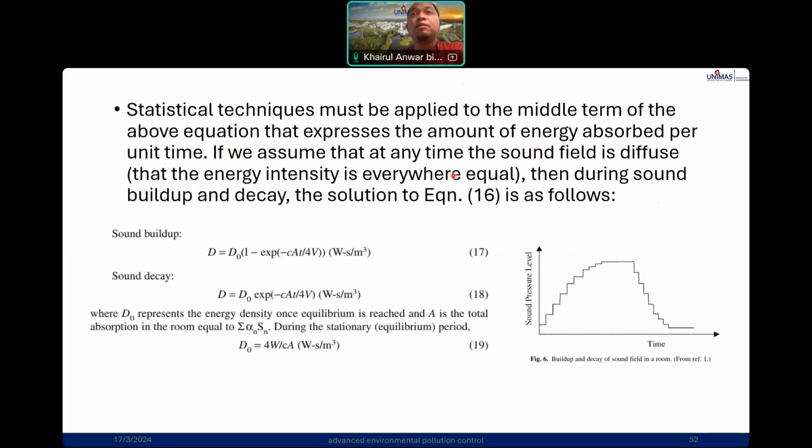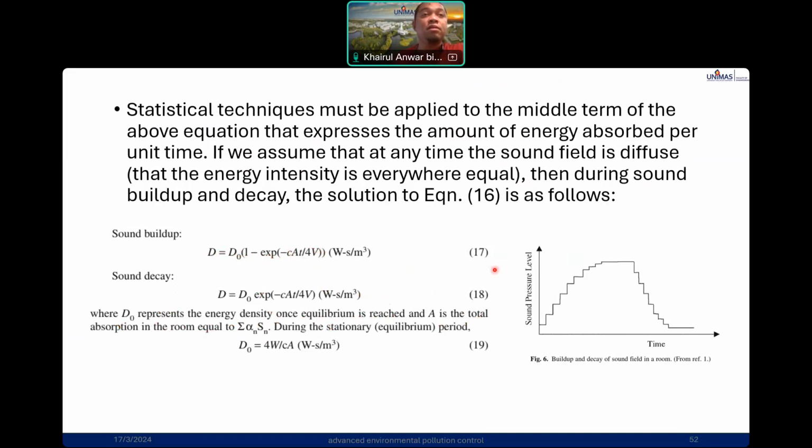If we assume that at any time the sound field is diffused, that the energy intensity is everywhere equal, then during sound decay, the solution to equation 16 is as follows: d equals d naught, where d naught is the energy intensity once the medium is reached, times 1 minus exponent of minus c A t over 4V. c is the speed of sound, A is the total absorption in the room, and V is the volume of the room.